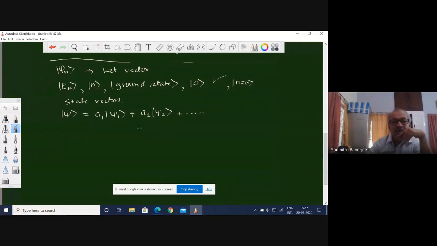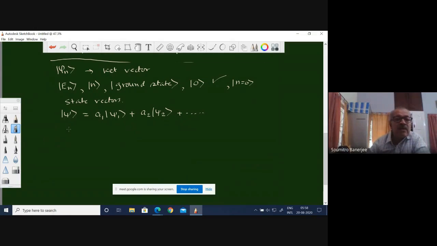This is a way we can write it, because these also form a complete set of basis vectors. The way we wrote a vector in terms of a set of basis vectors, we are writing these as a set of basis vectors. So now our thought has gone into thinking of these not just as functions, but also as vectors. This is nothing but the idea of vector addition.